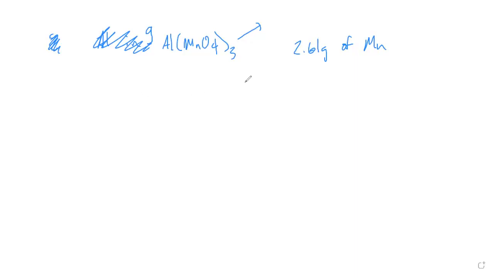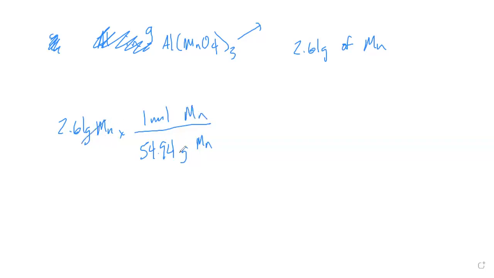Okay, so this is a concept that we've been looking at since module 2. This is looking at an element inside of a compound. So 2.61 grams of manganese, I can turn that quickly into moles by taking the molar mass of manganese, 54.94 grams in every mole.